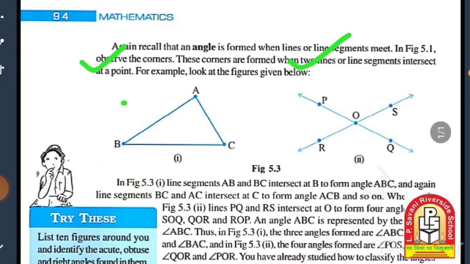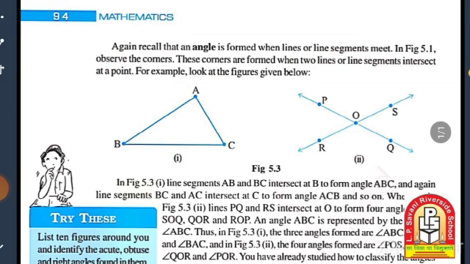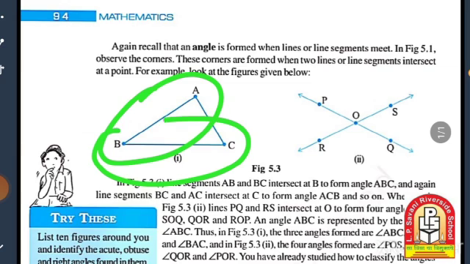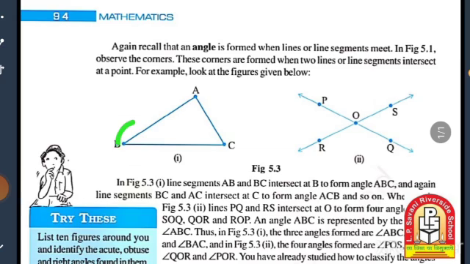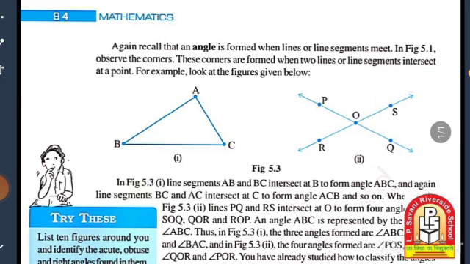Here you can see two line segments meet at point A. So AB and AC meet at the point A, then AB and BC meet at the point B, and BC and AC meet at the point C. Then next, PQ and RS are two lines.